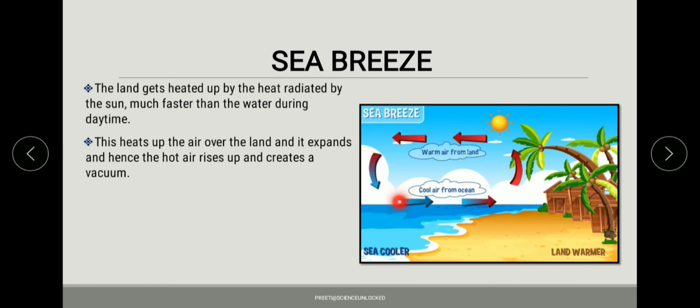On the other hand, the air which is cooler at sea level, because it has not heated up so easily, will start coming towards the coastal region. So if a person is standing between the sea and land, the person will observe that the wind is actually coming from the sea towards the land.